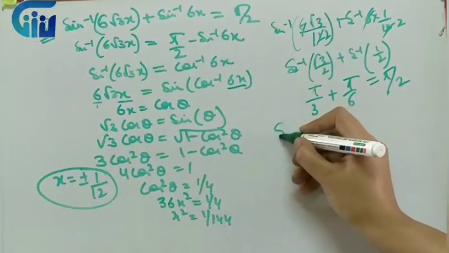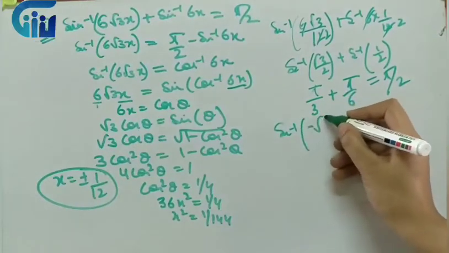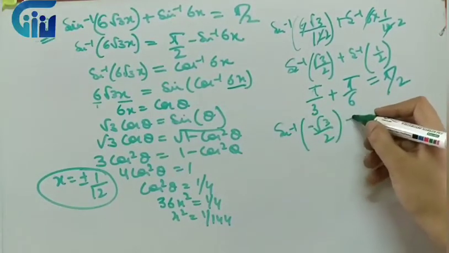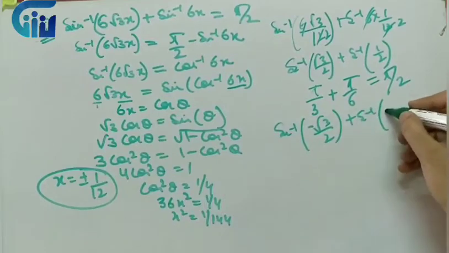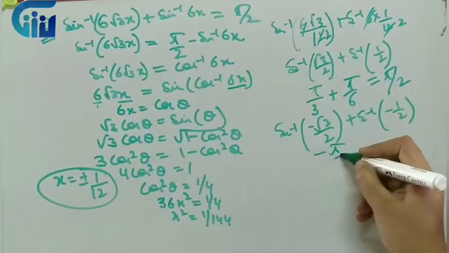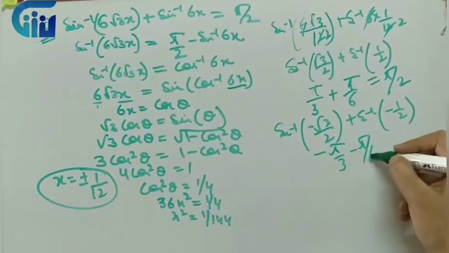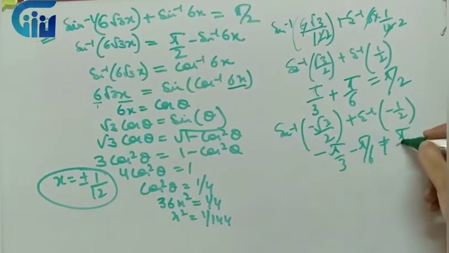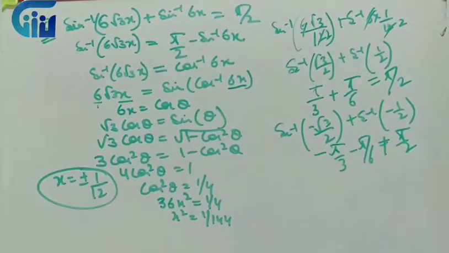Had it been minus, this would have been sine inverse minus root 3 by 2 and sine inverse minus 1 by 2. So minus root 3 by 2 value is at minus pi by 3 and this is at minus pi by 6, which is definitely not equal to pi by 2. Hence, minus 1 by 12 does not satisfy the solution, but x is equal to 1 upon 12 satisfies. So answer is x is equal to 1 upon 12, right?